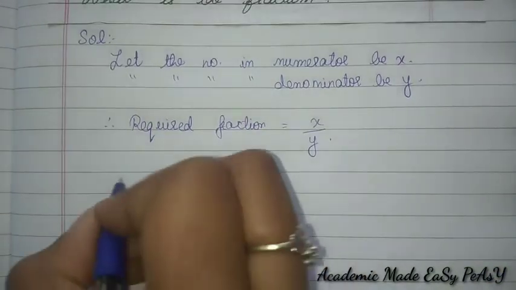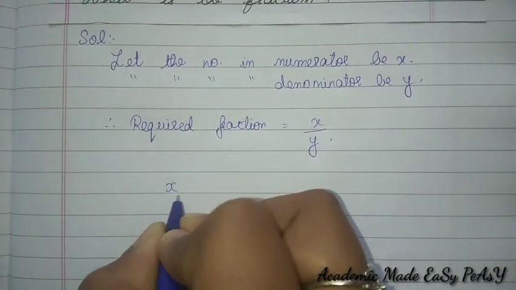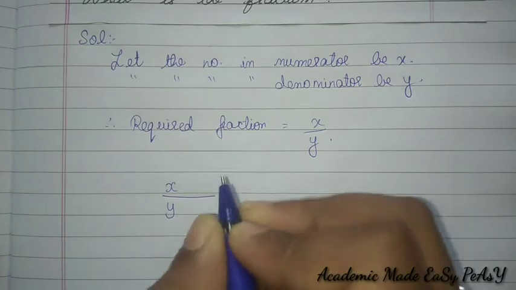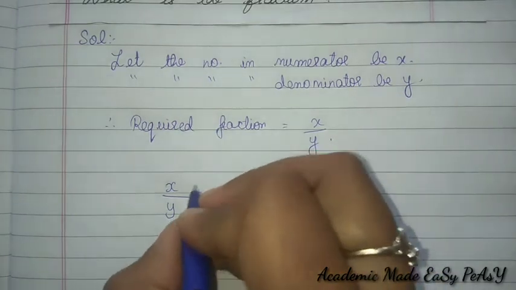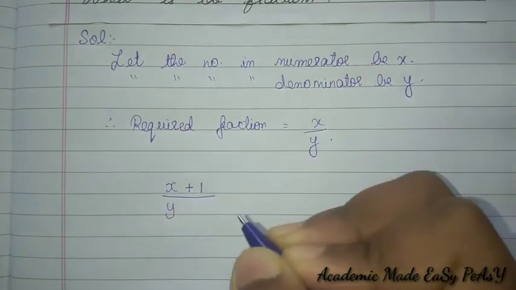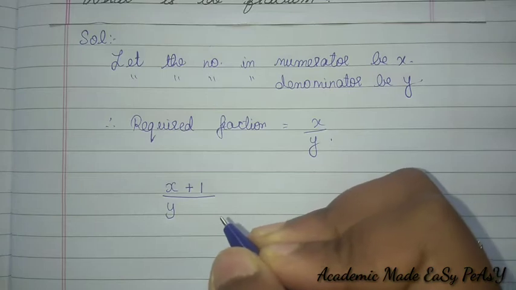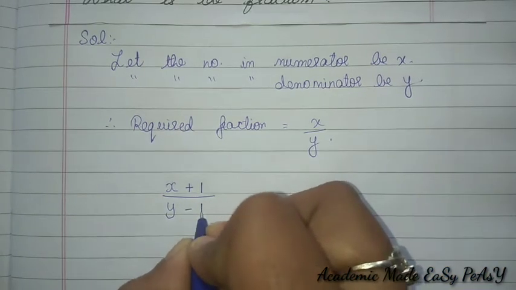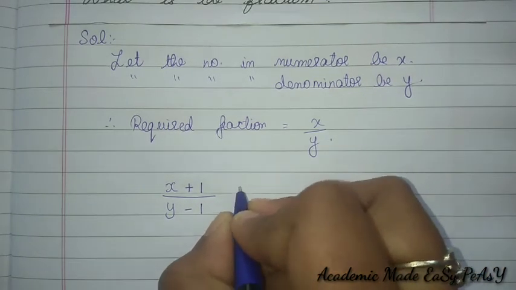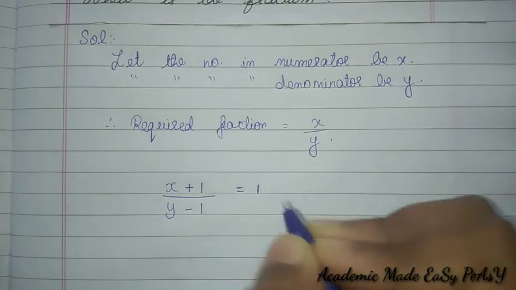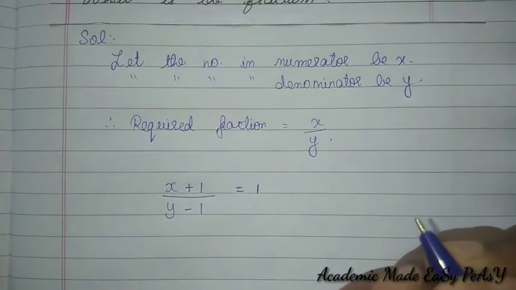According to the first case, we have x and y. We are adding 1 to the numerator, so plus 1, and subtracting 1 from the denominator, so minus 1. So the fraction becomes 1. Reduces to 1 or becomes 1 is the same.